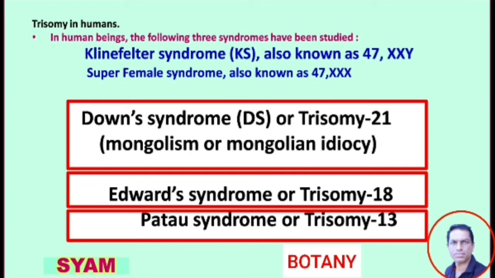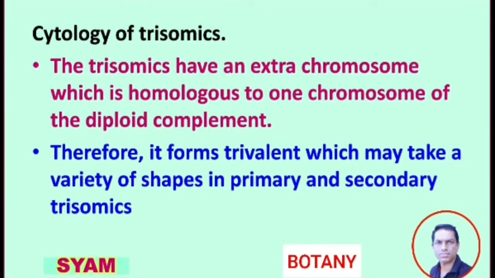Trisomy 13 Patau's syndrome, trisomy 18 Edwards syndrome, trisomy 21 Down syndrome, and Klinefelter syndrome 44 plus XXY, super female 44 plus XXX. These are all the best examples of trisomy in human beings.